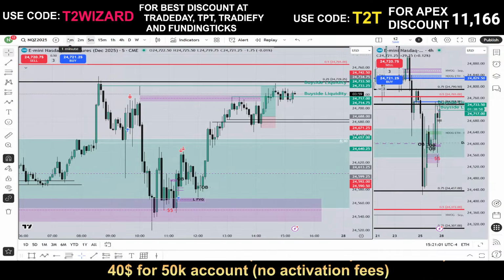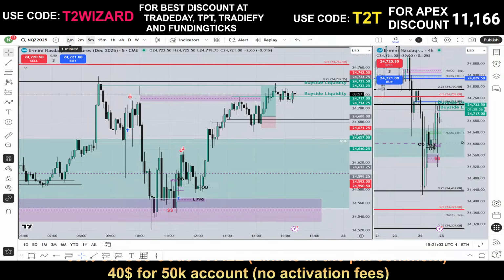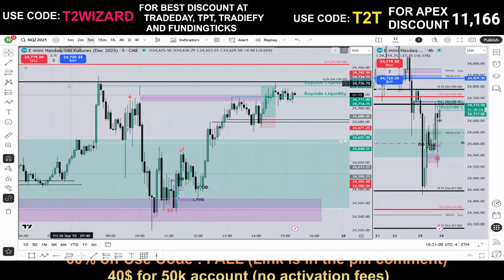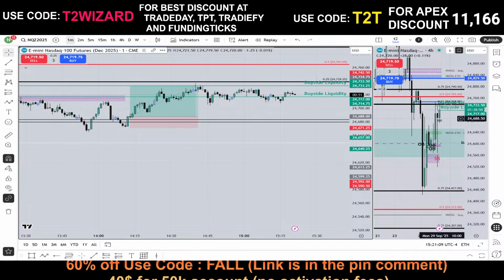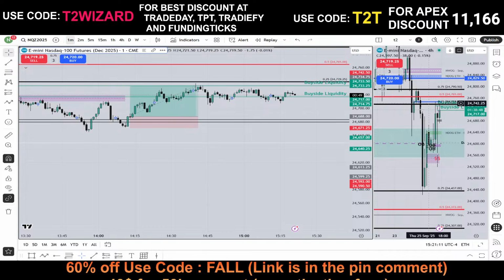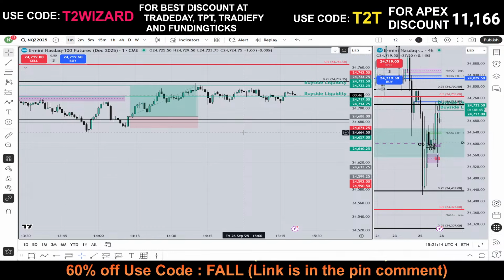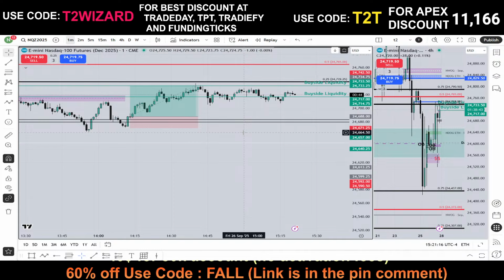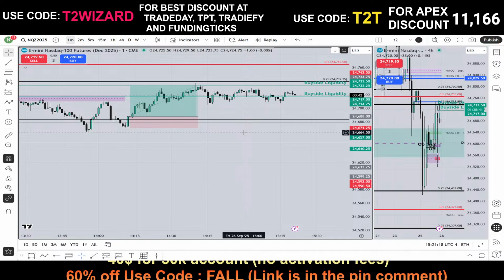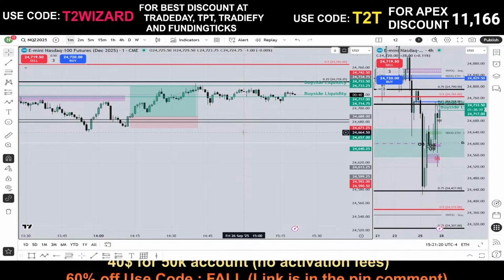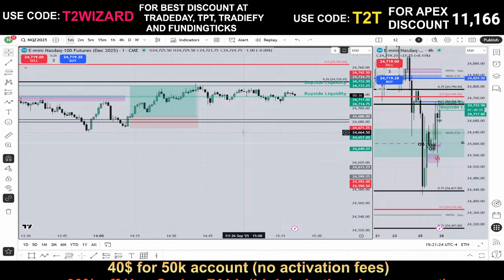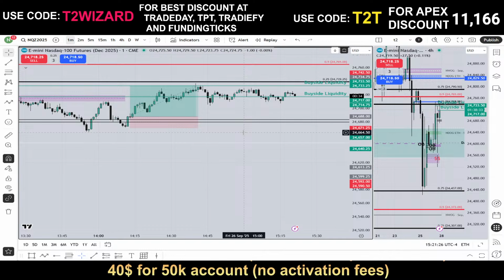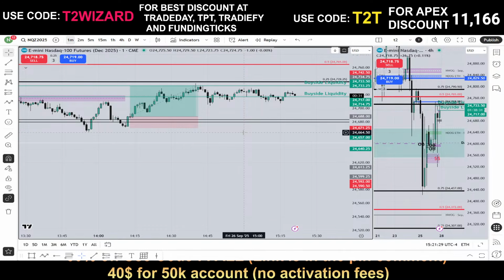I'm not saying I'm better than them, but I'm saying one thing: if your execution time frame is the 1-minute chart and you are using the 4-hour chart as your higher time frame, they want you to keep losing. That's why they are pushing you, because you are on the 1-minute chart using 4-hour chart PDRs. That is making you more losing trades, more confusing in this market.